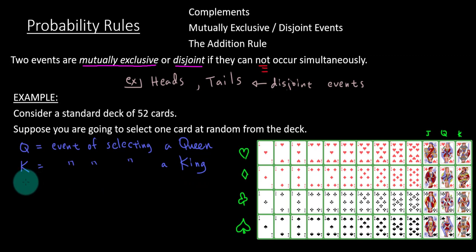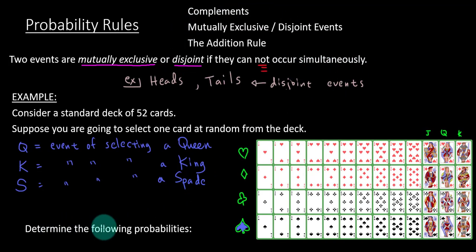And I'm going to let S be the event of selecting a spade. So a spade is this card down here. I'll kind of fill it in with blue. I'm going to ask some questions regarding the probabilities associated with selecting some cards, and that will hopefully demonstrate some of these rules up here.